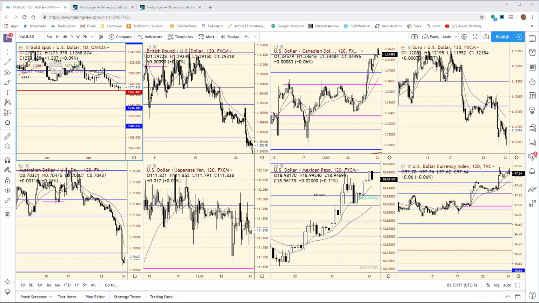This would coincide right here with the 61%, 82.67. That's going to be our support, 82.67 here. Also confluence, we have a level there, and it's also confluence with the 61%.